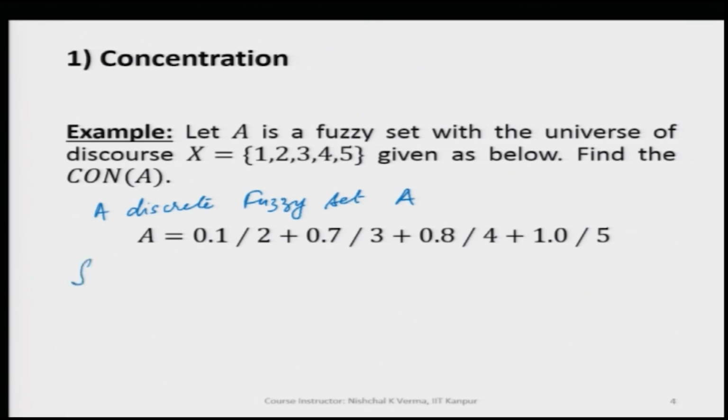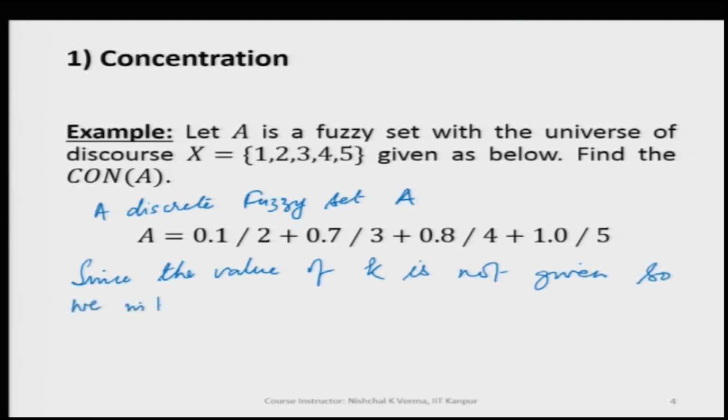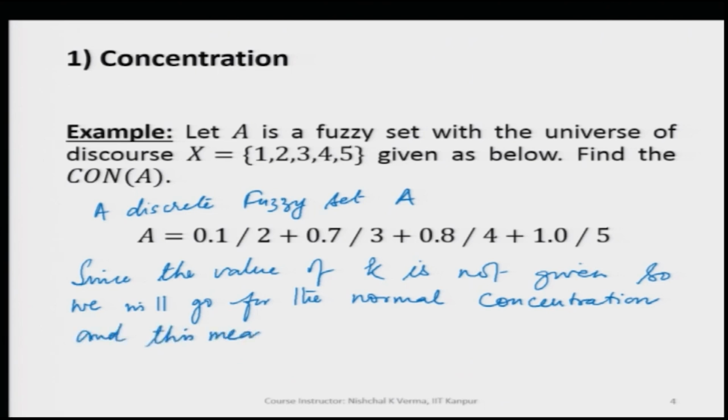Since the value of K is not given, we will go for the normal concentration, which means we would take the value of K as 2.